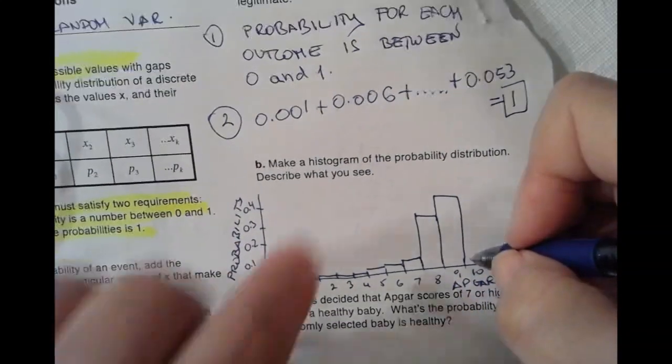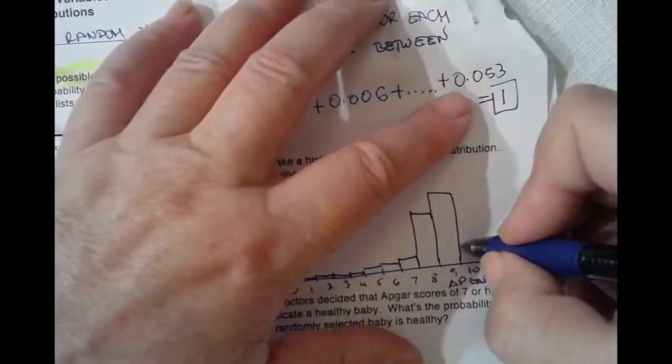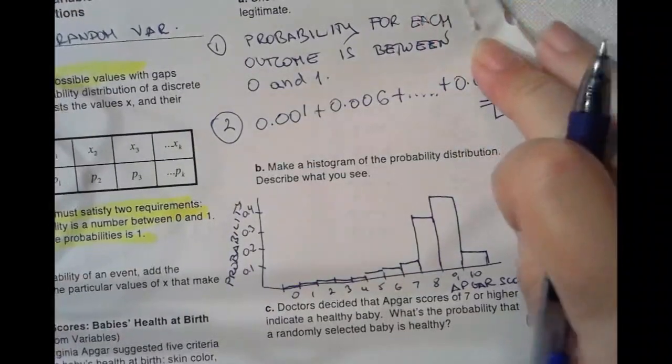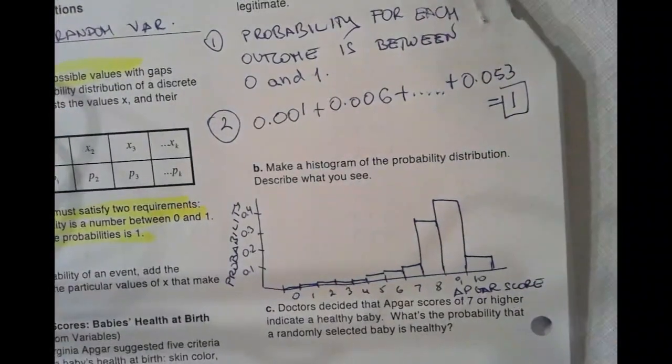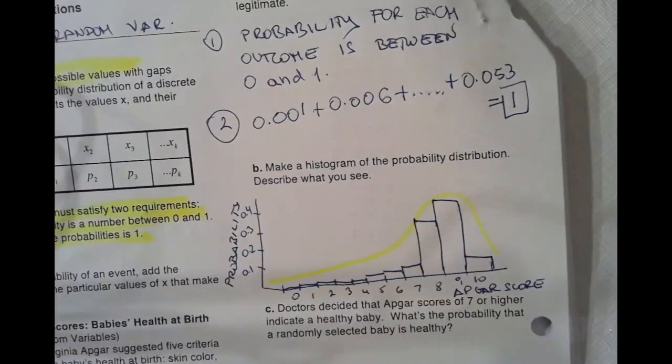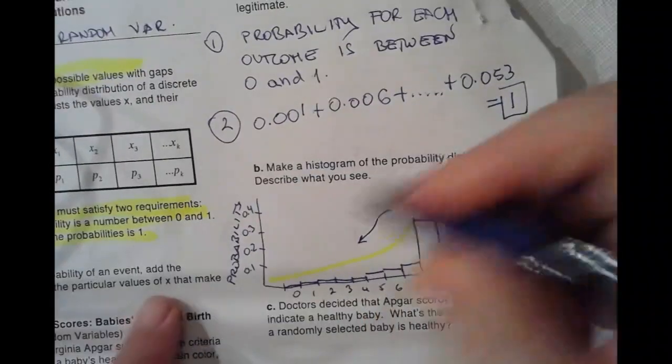And then 10 goes back to halfway between 0.1. So how would you describe it if you take your pen and outline it? What do you notice? You would hopefully notice that it is skewed which direction? Left.